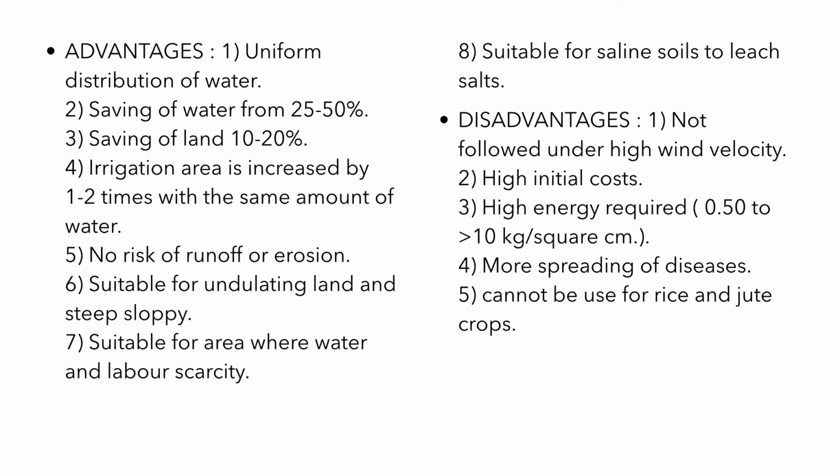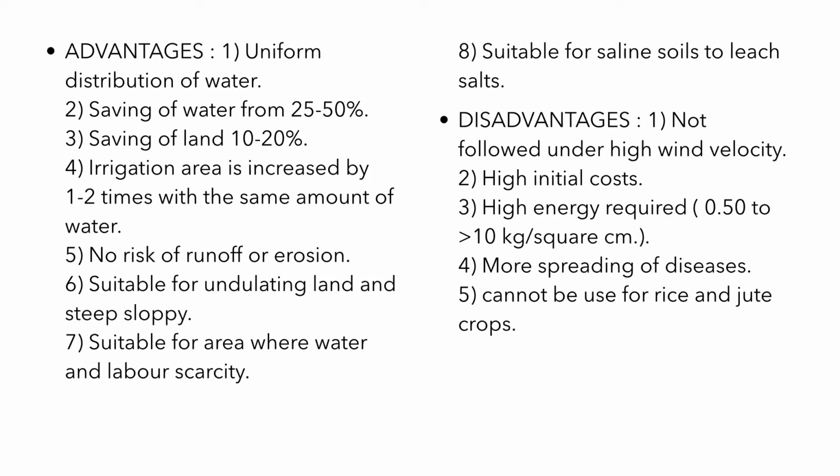This type of irrigation is also suitable for that type of land. The seventh point is suitable for areas where water and labor are scarce. It is also suitable for land where water and labor are not easily available. The eighth point is suitable for saline soil to leach salt. It is suitable for land which has saline soil or where leaching takes place.